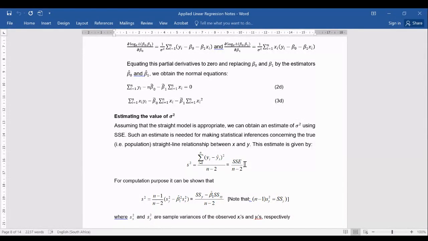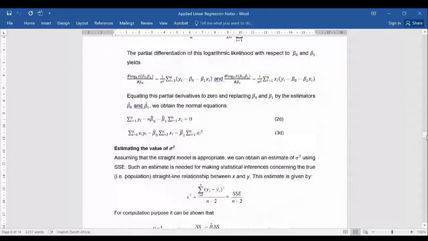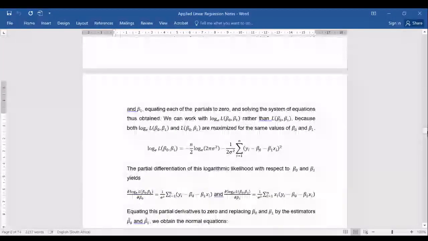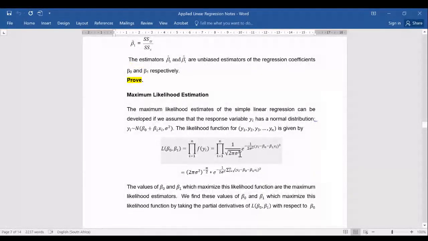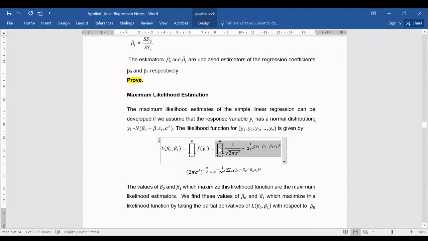So I want us to derive it from the method of maximum likelihood, because we do have sigma here. The procedure is the same. We substitute into the likelihood function, and we have this, which is our likelihood function.